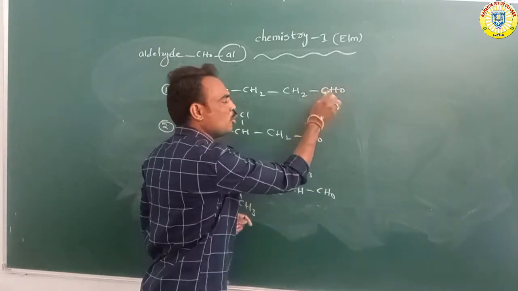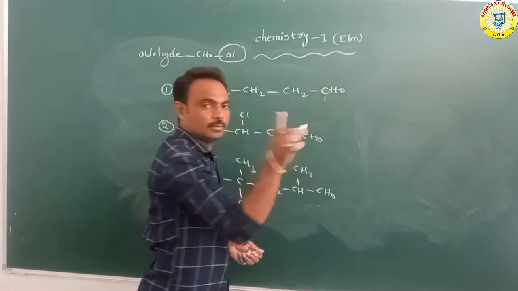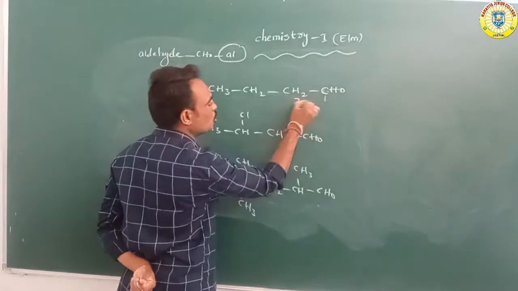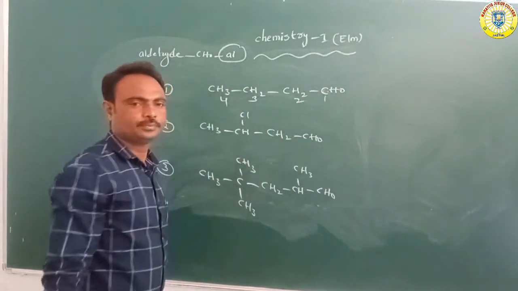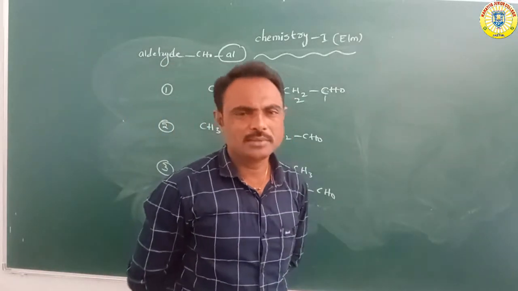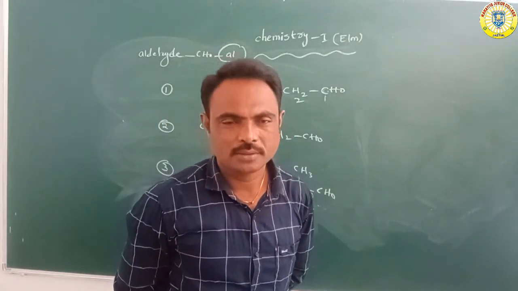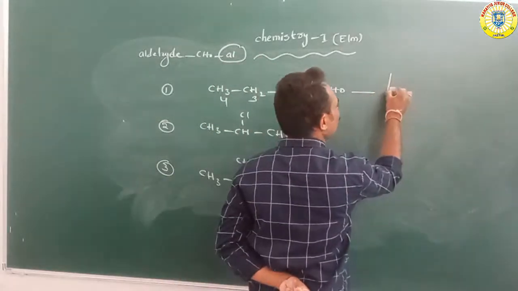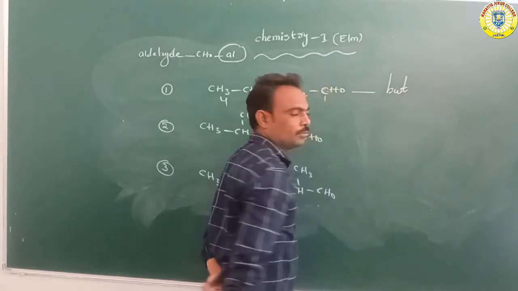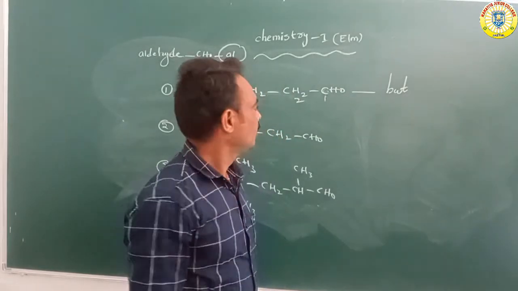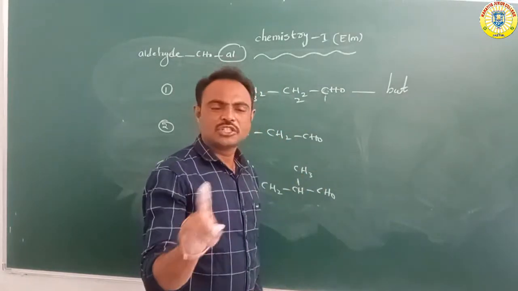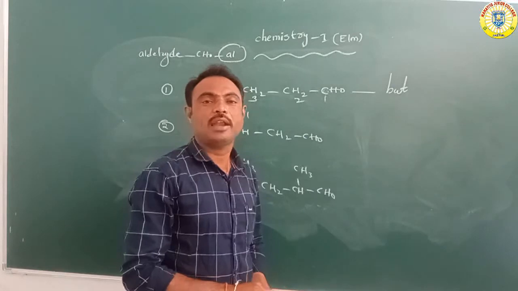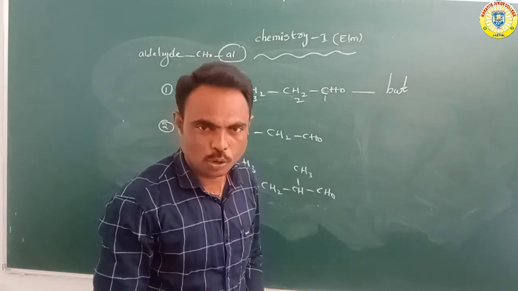But for CHO, we give the number from the CHO carbon. So 1, 2, 3, 4. How many carbons? 4 carbons. So which word do we write? But. Next, the first carbon is attached with the aldehyde CHO.